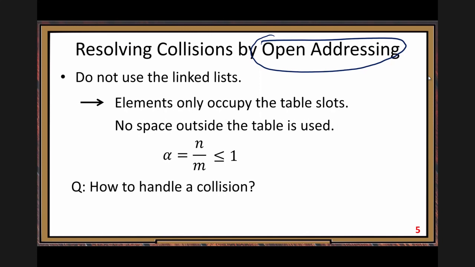In this open addressing method, how do we handle a collision? A very simple, straightforward idea: find the next available slot. If the current slot is occupied, you just look at the next one, in sequential order.